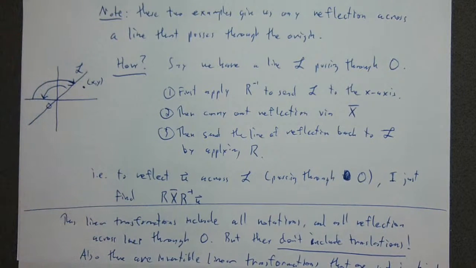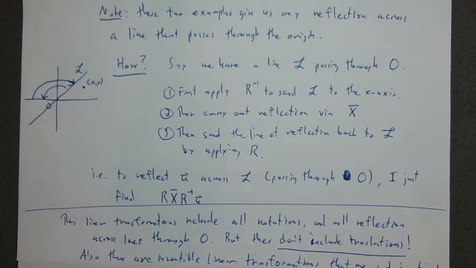Remember, we are restricting ourselves to the set of 2 by 2 matrices that have non-zero determinant. The reason that we do that is because we know that isometries are invertible. So since isometries are invertible, I want these matrices to also be invertible, and that means I want their determinant to be non-zero.